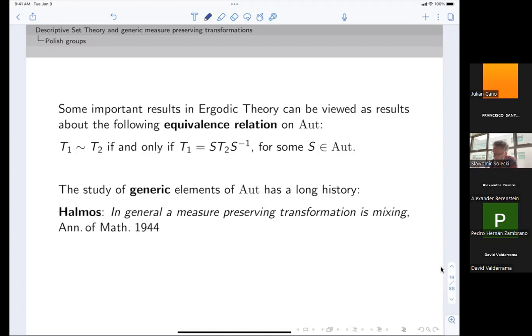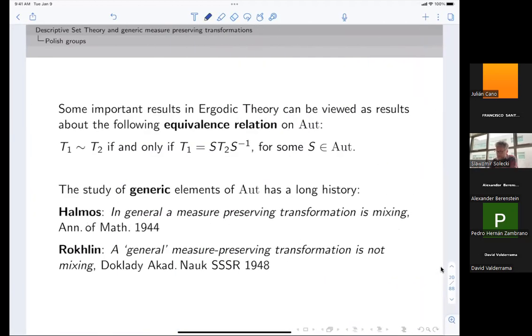And four years later, the Soviet Union answered, in the person of Rokhlin, with a paper published in the East saying a general measure-preserving transformation is not mixing. A direct contradiction to the Halmos paper. Fortunately, it wasn't really a mathematical contradiction.